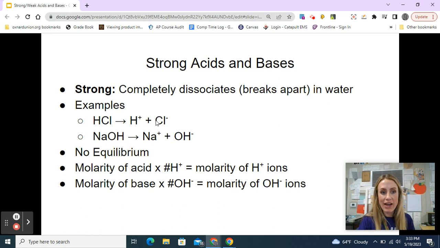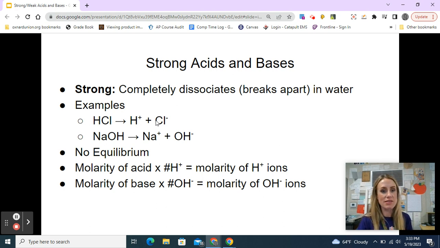Now, if we want to find the molarity of the H plus ions and the molarity of the hydroxide ions, like if we're trying to find pH or pOH or something like that, then all this is going to be is the molarity of the acid multiplied by the number of hydrogen ions we have in that acid, or the molarity of the base times the number of hydroxide ions that are in that base.